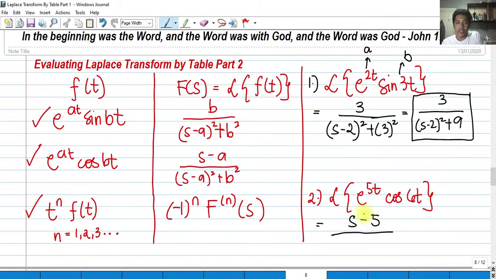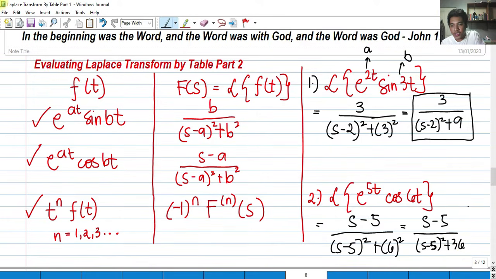But since this is positive, it should stay as it is, a minus sign, for the formula. So we have s minus 5 over quantity s minus 5 squared plus 6 squared, because this is our value of b, 6. So we have s minus 5 over s minus 5 squared plus 36. 6 squared is 36.